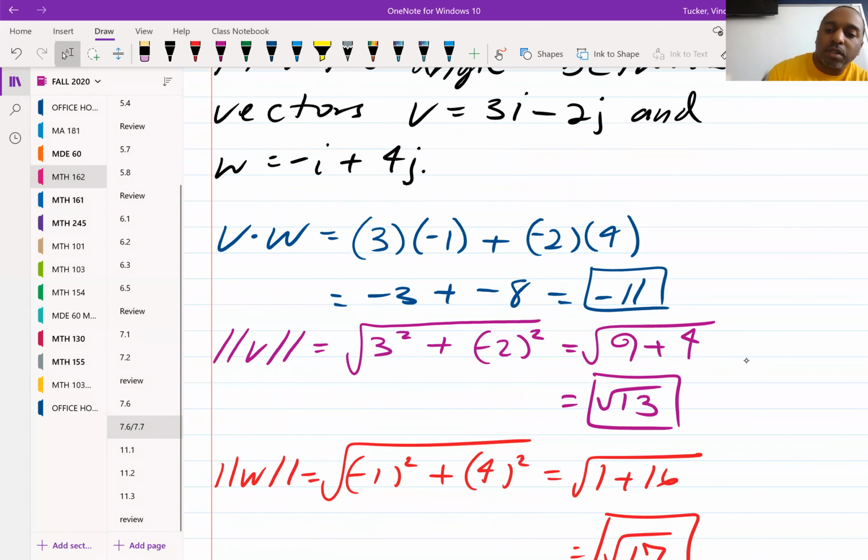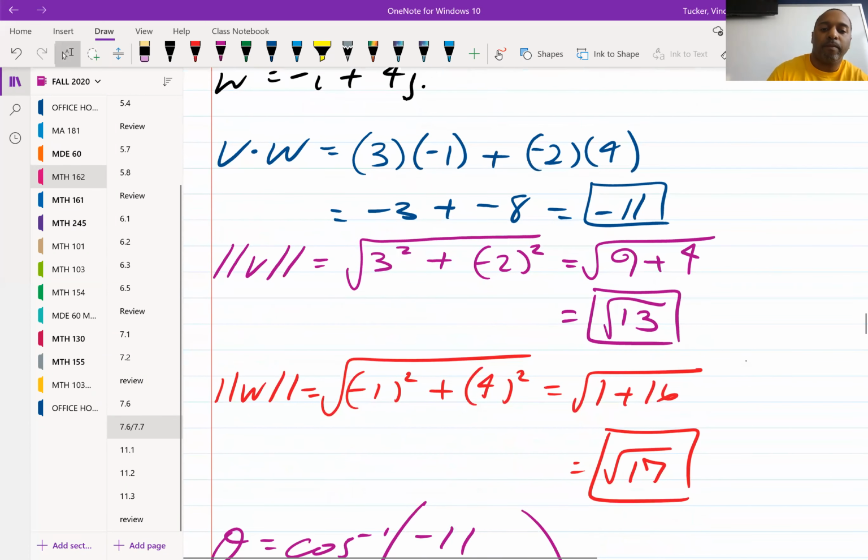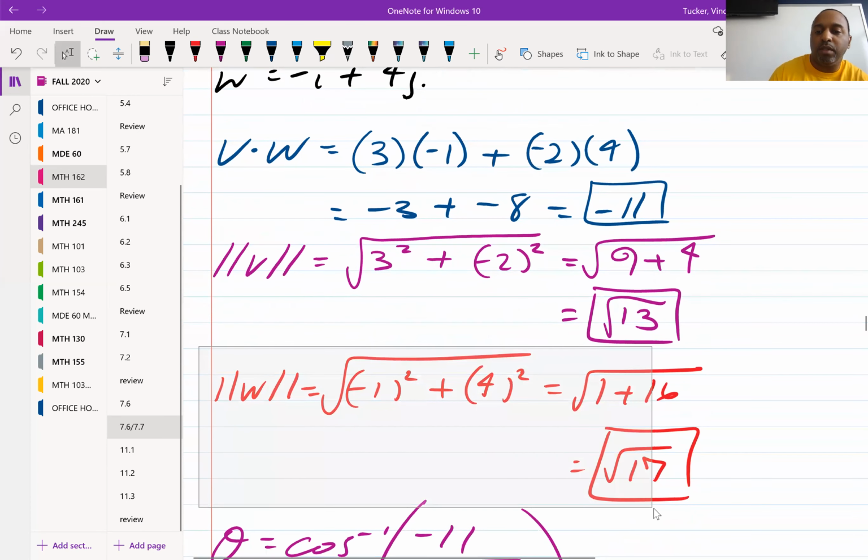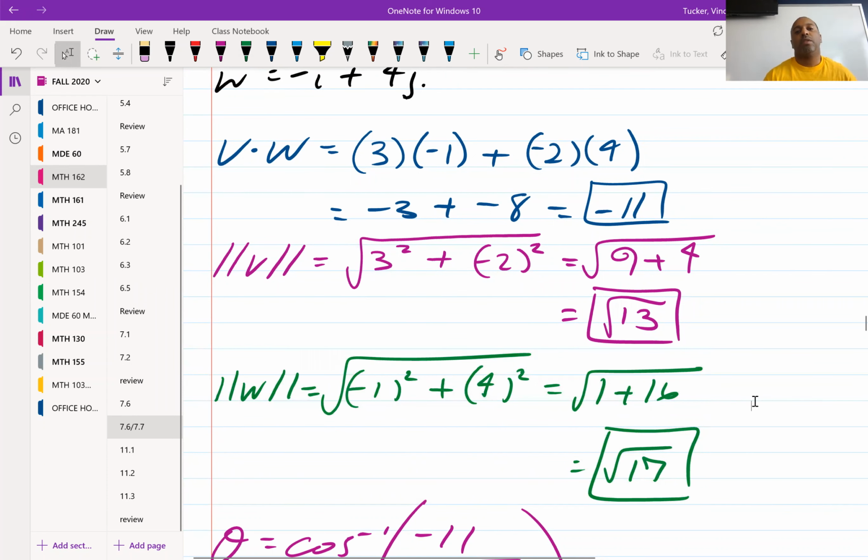Square root of 13. And then the last piece, the magnitude of w, is -1 squared plus 4 squared. I get the square root of 17.